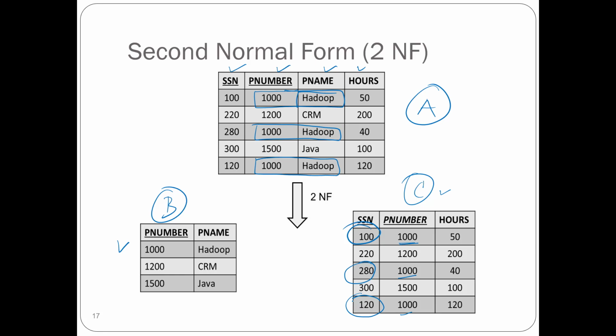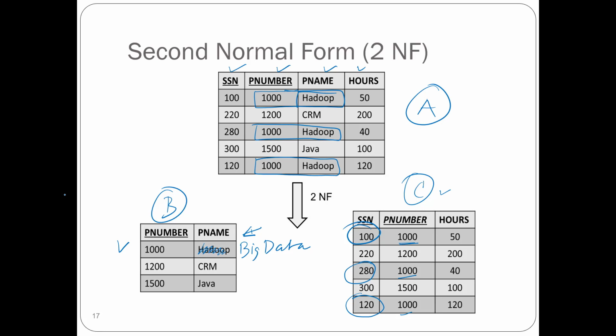One more advantage of this normalized situation is that if you later decide to change the name from Hadoop to big data, that is not a problem. You need just one modification in the project table.